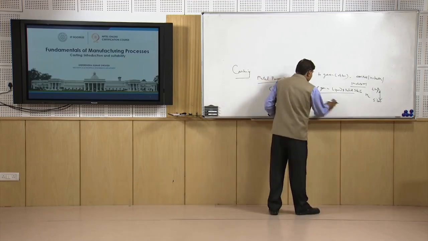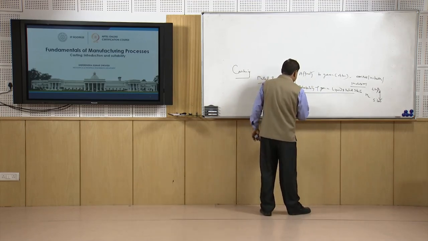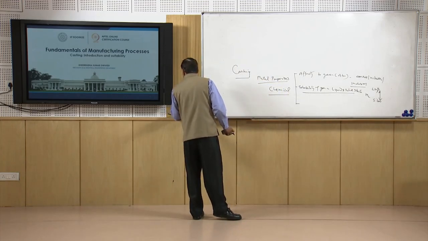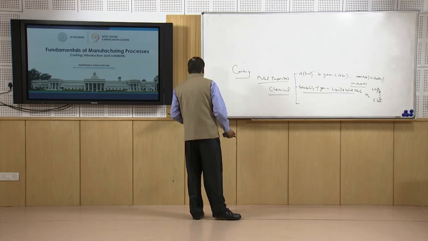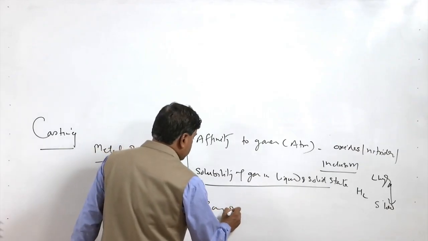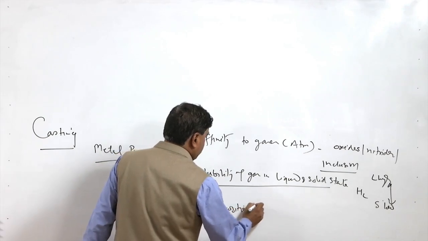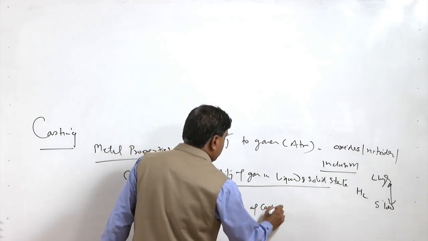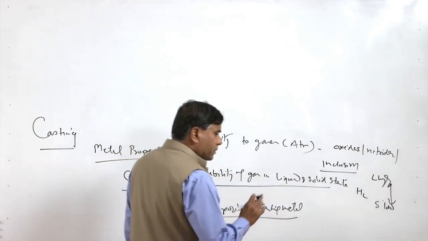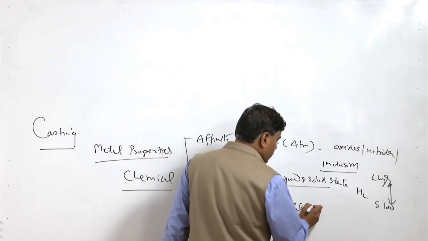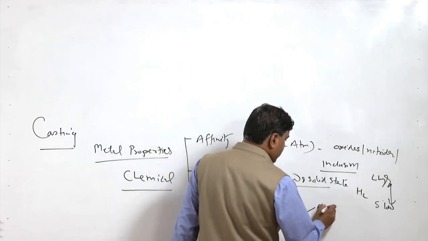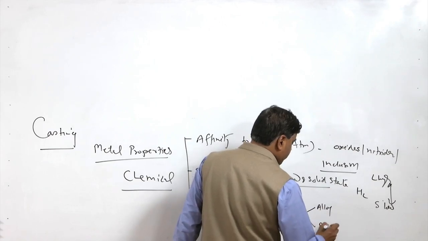Another important aspect related to the chemical properties is the composition of the casting metal, or the metal to be used for casting purposes. There are two things: either it is an alloy or it is pure.